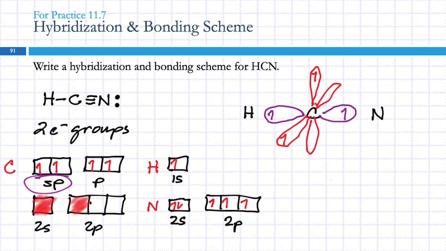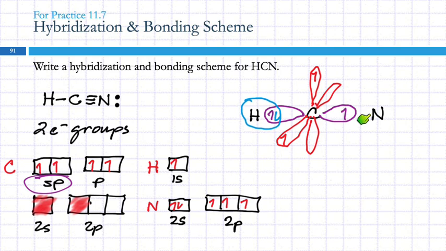Let's do hydrogen next because it's a little simpler. Hydrogen has just this 1s orbital that's not hybridized. And so we represent that in blue. That didn't go very well. Let's do this. So hydrogen's half-filled s orbital is going to overlap with 1 of carbon's hybrid orbitals.